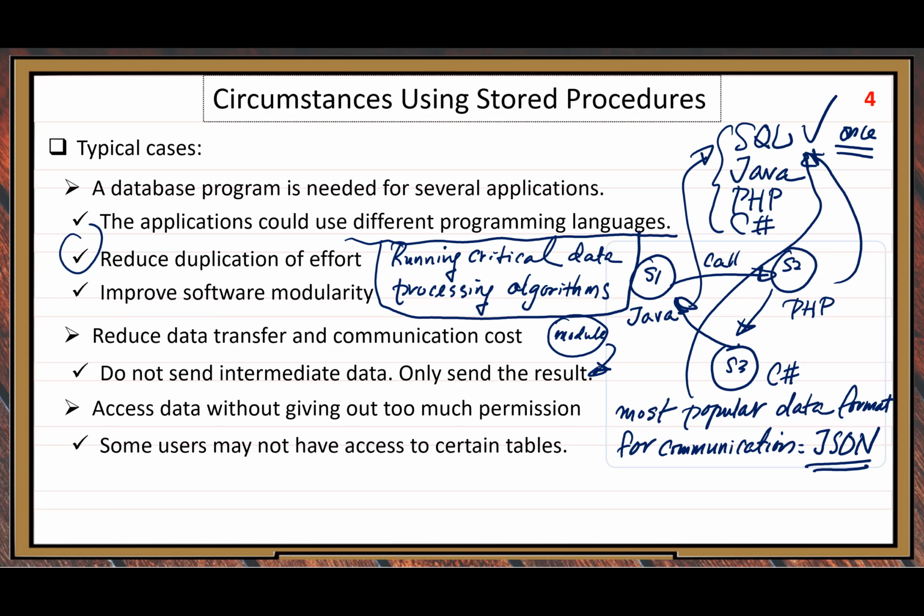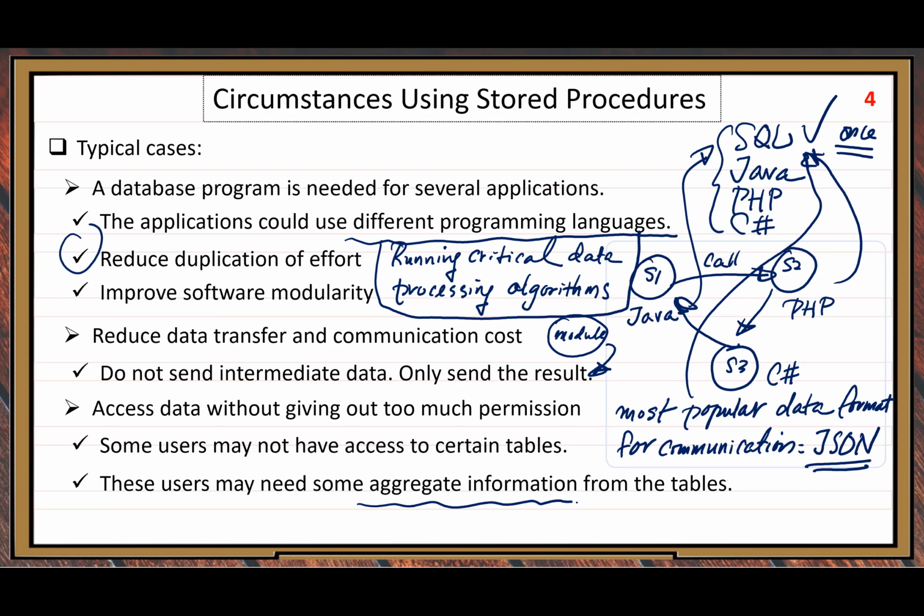When that happens, you cannot expose the whole table to the general users. But in order to run the business, you need to provide certain information from those protected tables. These users may need some aggregate information. You are fine to provide aggregate information from those protected tables to the general users.